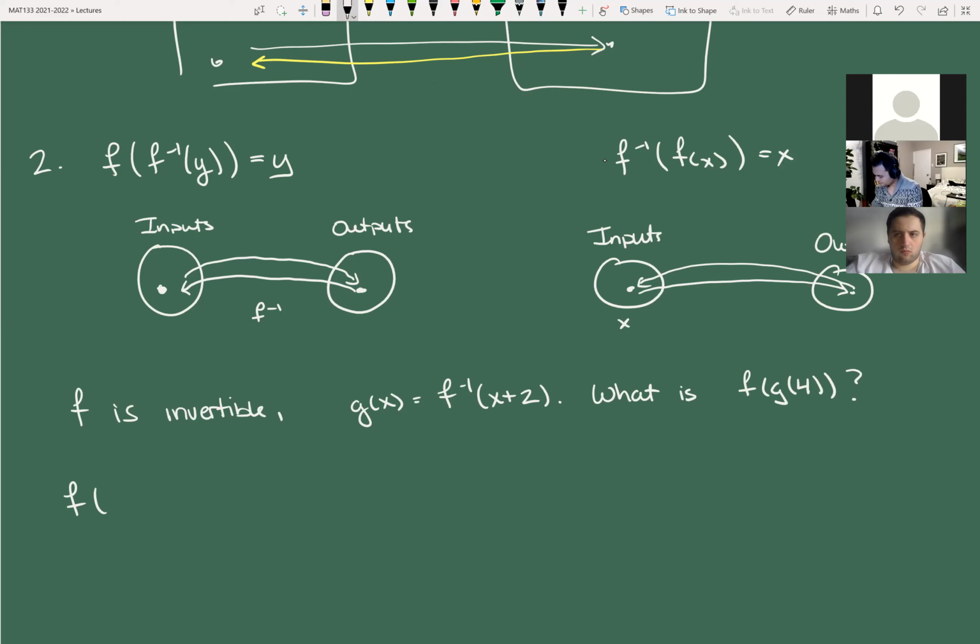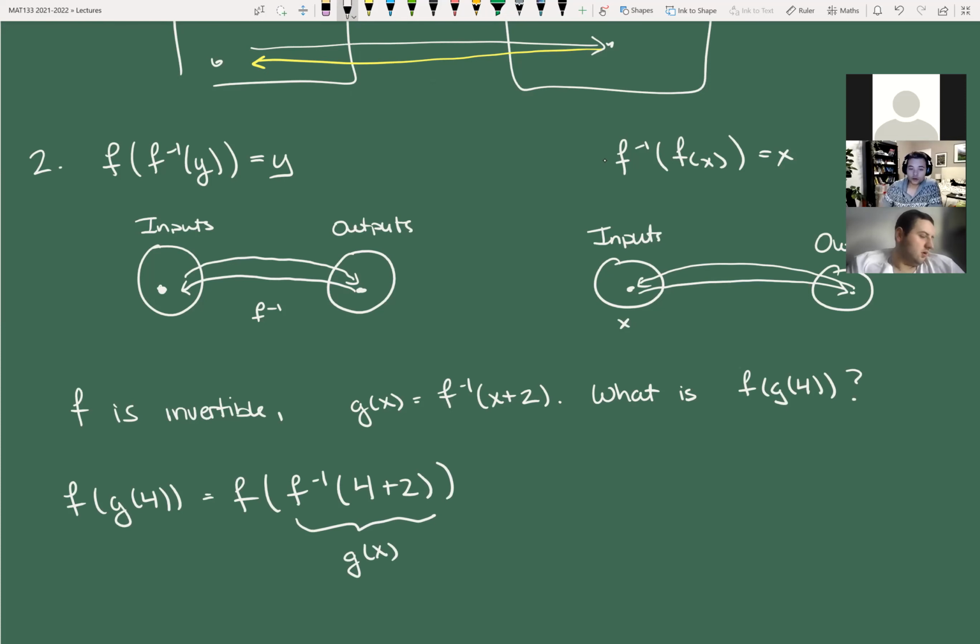Okay, well, f of g of 4 is f of f inverse of 4 plus 2, right? Because this is what g of x is. But the f and the f inverse, when they touch each other, they vanish. They cancel each other out, like that. Okay, does that make sense?